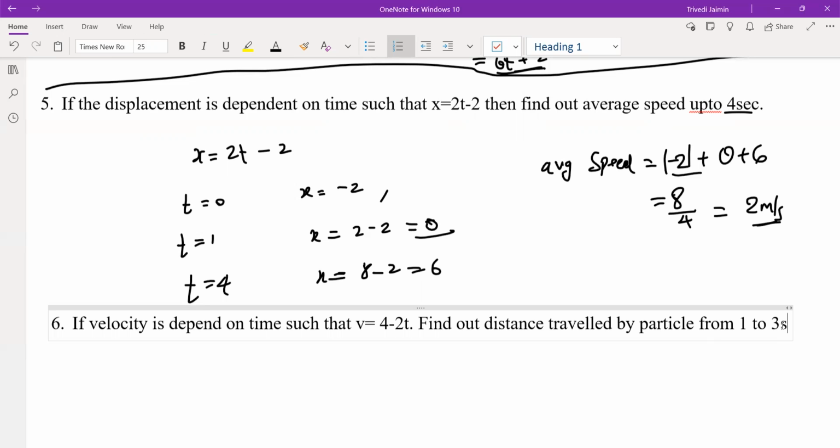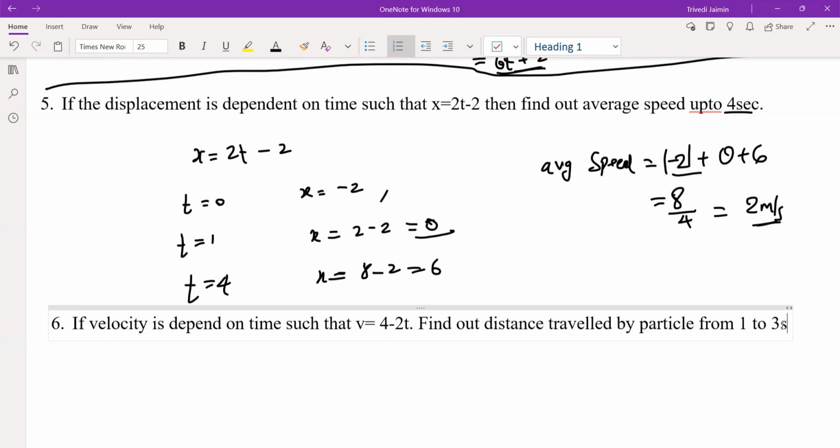In velocity, we have displacement. This is the hint I'm giving you. So we should do it by substitution, sir. What will you substitute? The time and finding the values. Time 1, 2, 3 is a limit they gave, right?